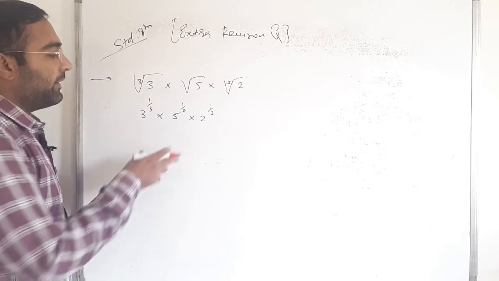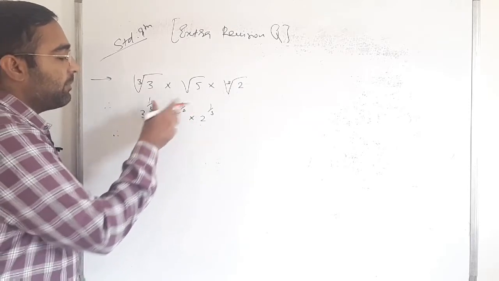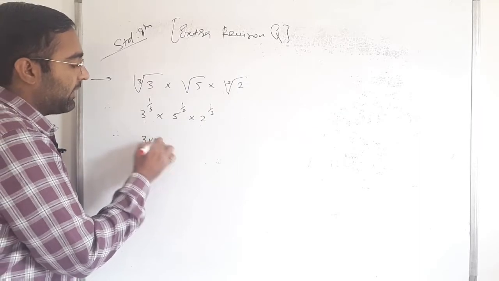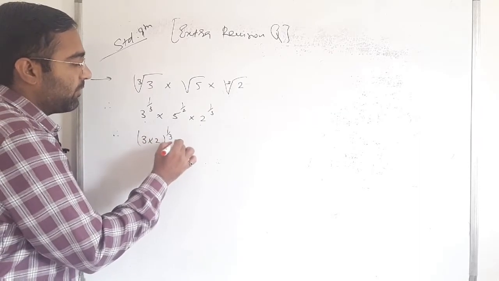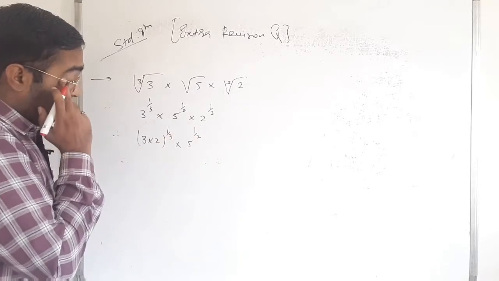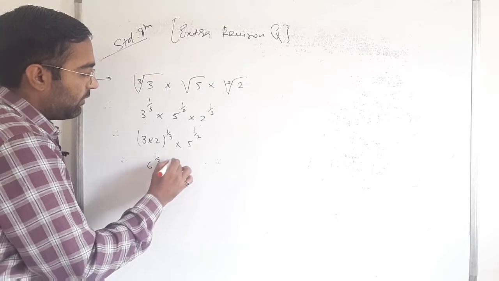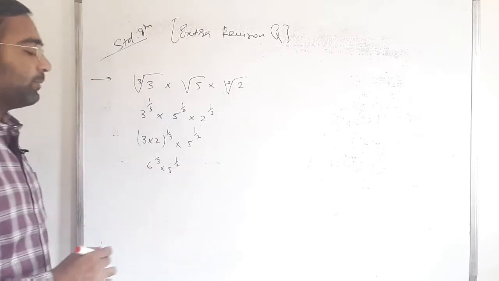Now these two numbers have the same power, so we multiply their bases: 3 into 2 is 6, raised to 1 upon 3, into 5 raised to 1 upon 2.